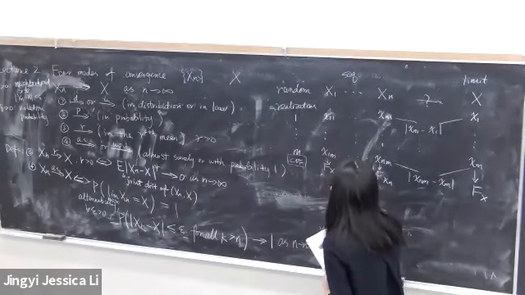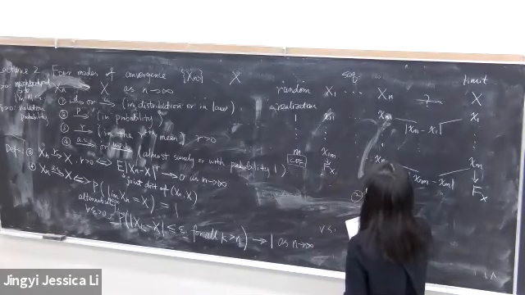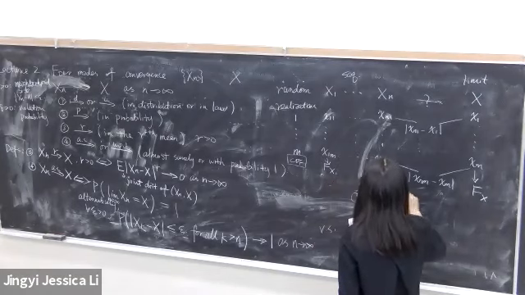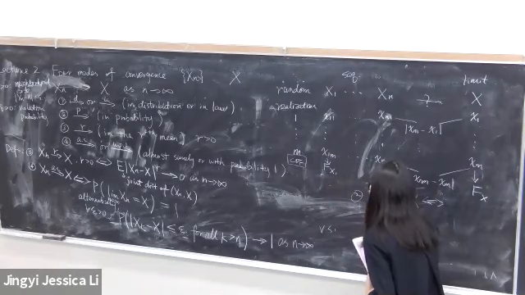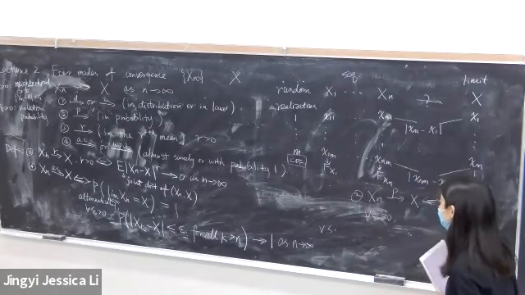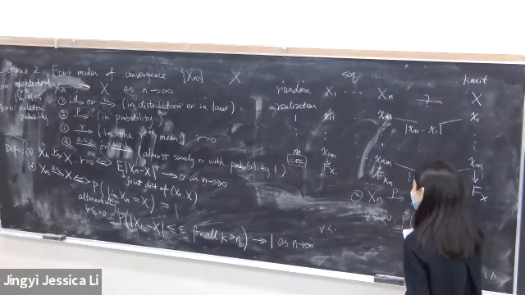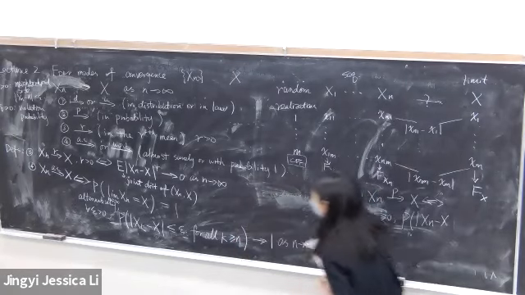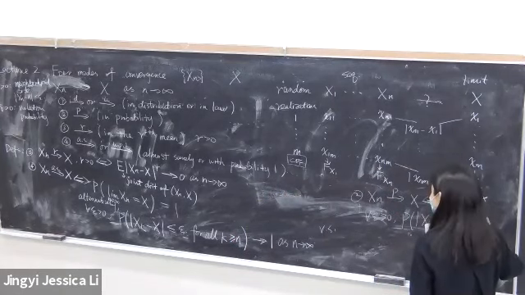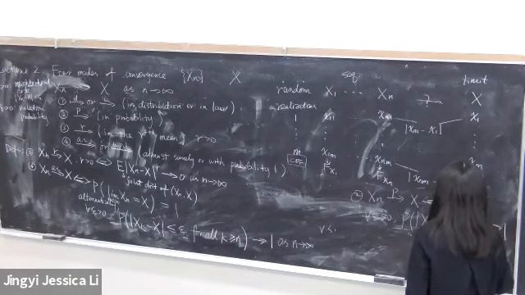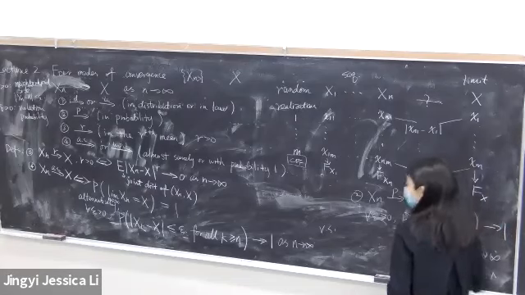If you recall, the second definition, xn converges in probability to x, says that for any epsilon greater than 0, the probability that the absolute value of xn minus x is less than or equal to epsilon, I put the equal so it's better for you to understand, although it's the same, goes to 1 as n goes to infinity.